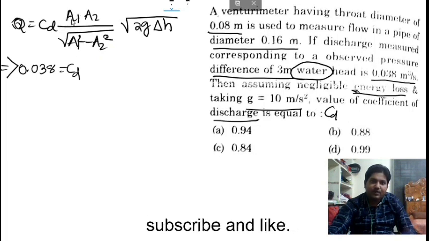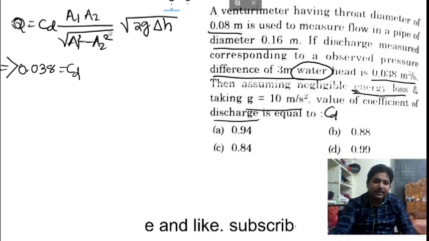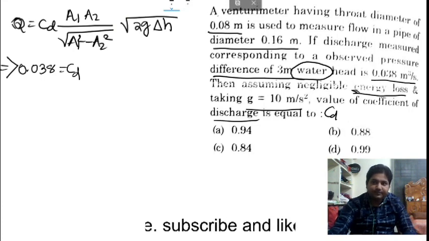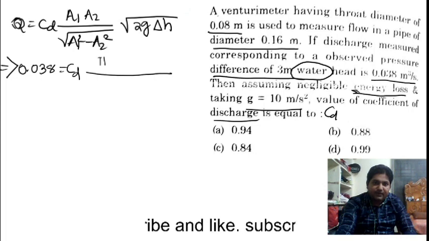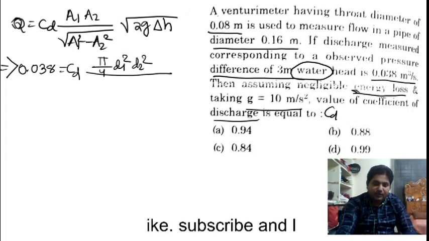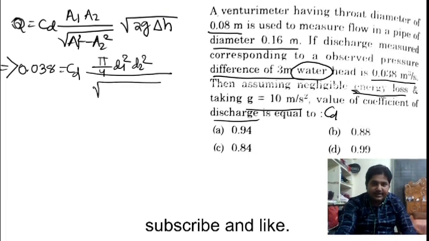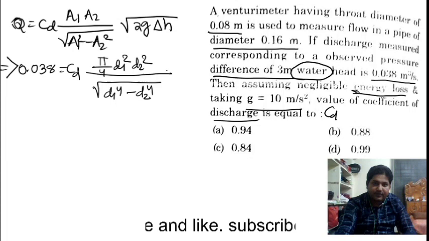So it can be written as pi by 4 into d1 square d2 square divided by the root of d1 to the power 4 minus d2 to the power 4, into root over 2g delta h.